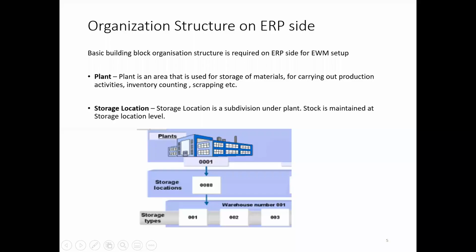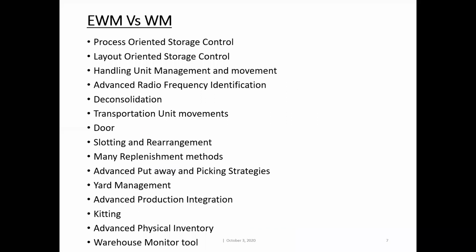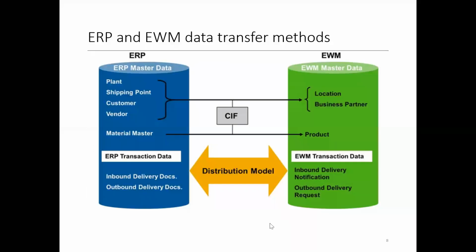So right now we will be training on which one? The embedded one, right? Yes, the embedded one. Because the embedded one is the latest version that is in S4 HANA. In non S4 HANA, you had the SAFE concept, but in the embedded one, this data is automatically transferred.